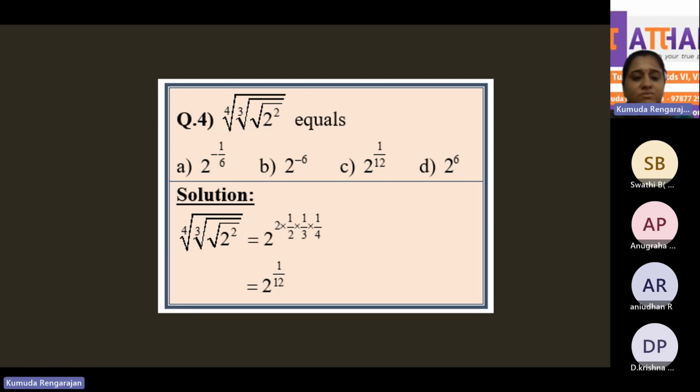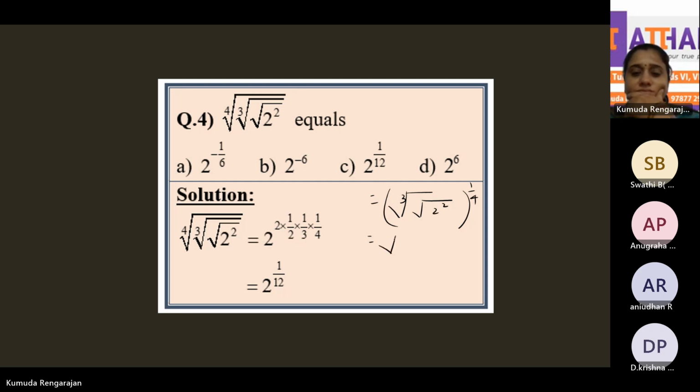You can show many steps if you want to write. First, it will be cube root of square root of 2 square, the whole power 1 by 4. Then it will be 1 by 3.